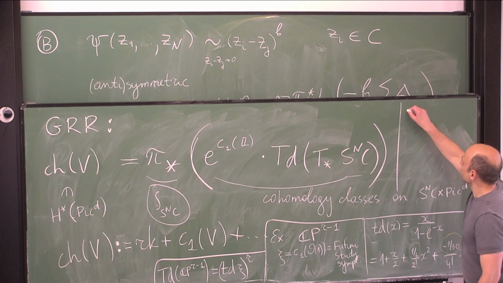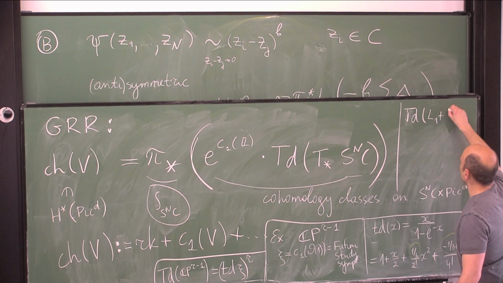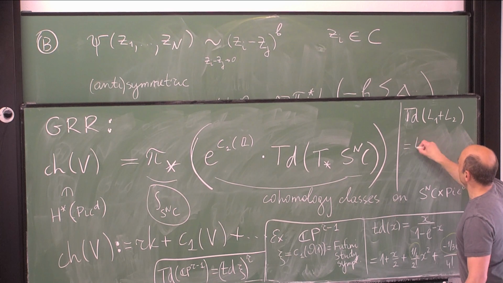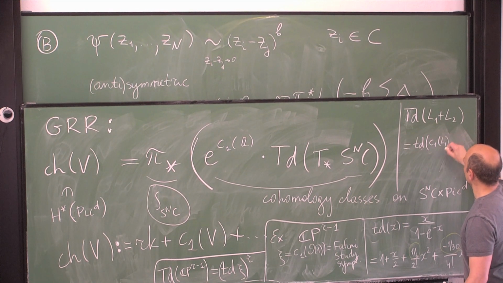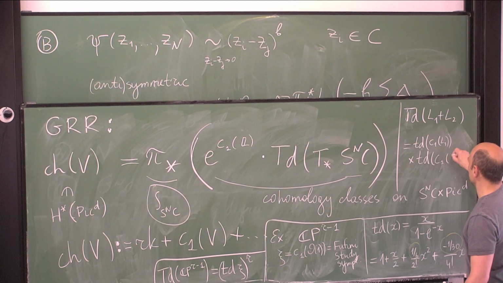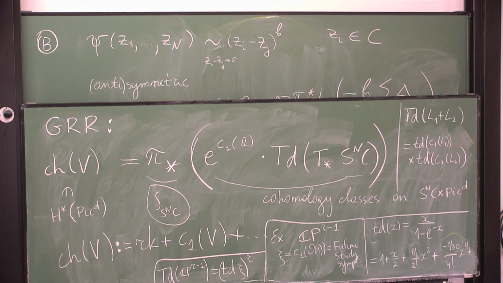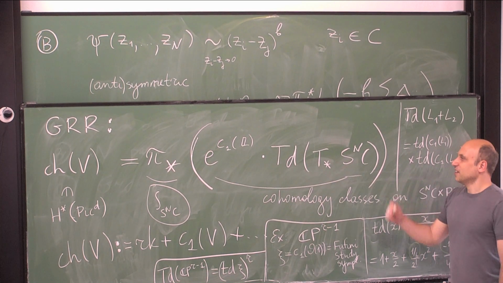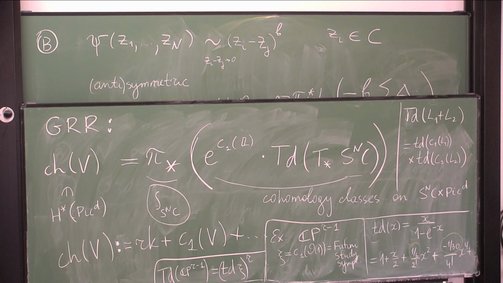So the Todd class of L1 plus L2 is the Todd series applied to c1 of L1 times Todd applied to c1 of L2. And with that, you already have a pretty good idea of what the Todd class of a general vector bundle is. In this case, you apply it to the tangent bundle of this space.